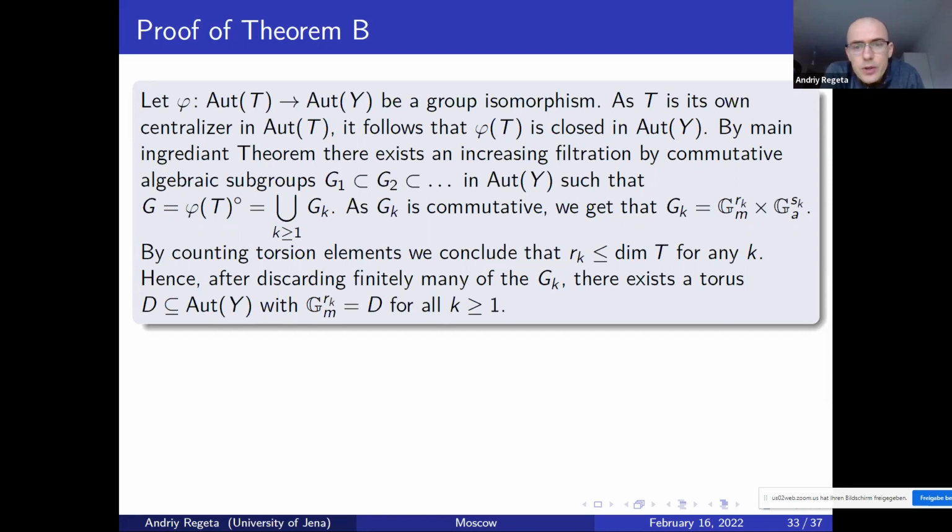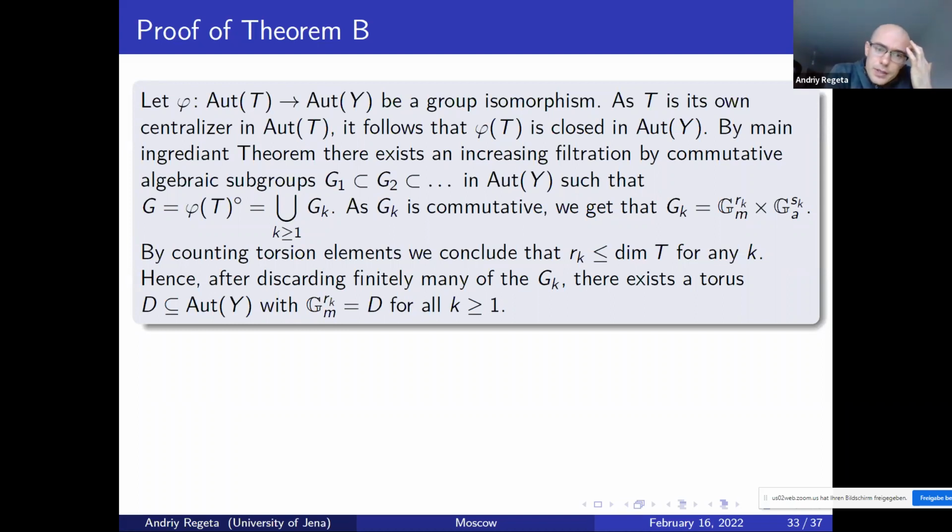As G_k is commutative, we get that G_k is isomorphic again to a product of an algebraic torus and a commutative unipotent group. By counting torsion elements, we conclude that r_k is always less than or equal to the dimension of T for any k.